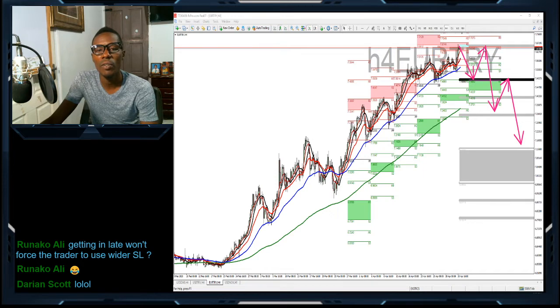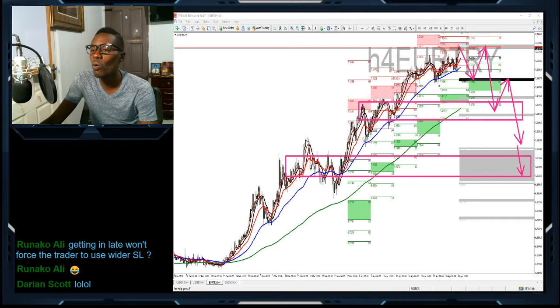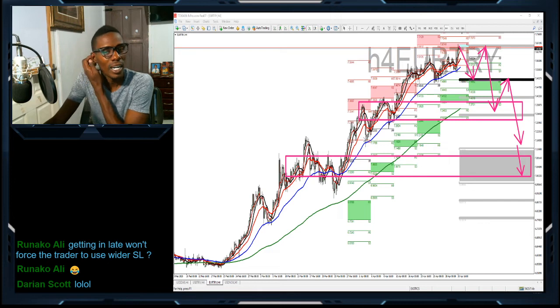Boom, breakdown, next pullback, next trade, and we'll just ride this thing all the way down as much as possible. Although we can look left, we know this is an area of interest. All of this area is also an area of interest. So at least you know where the bulls are, and it's just basic stuff.